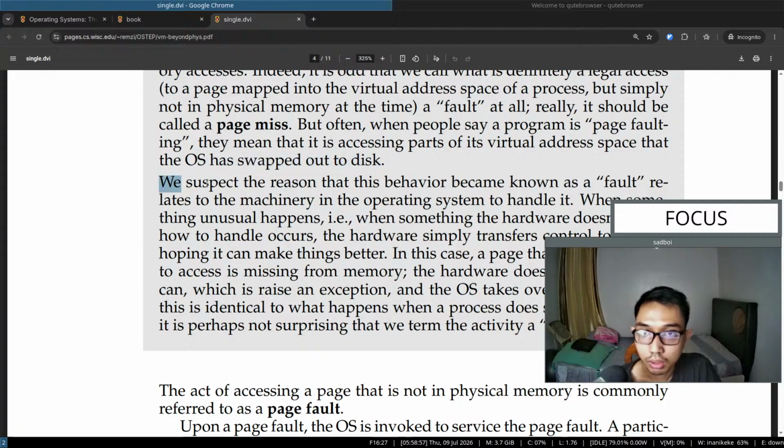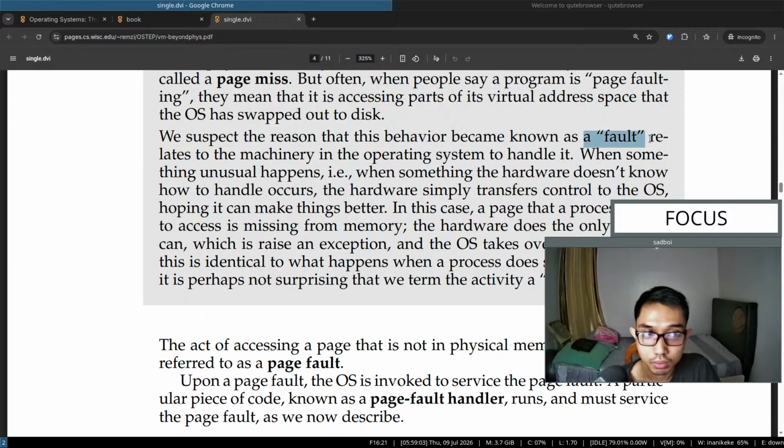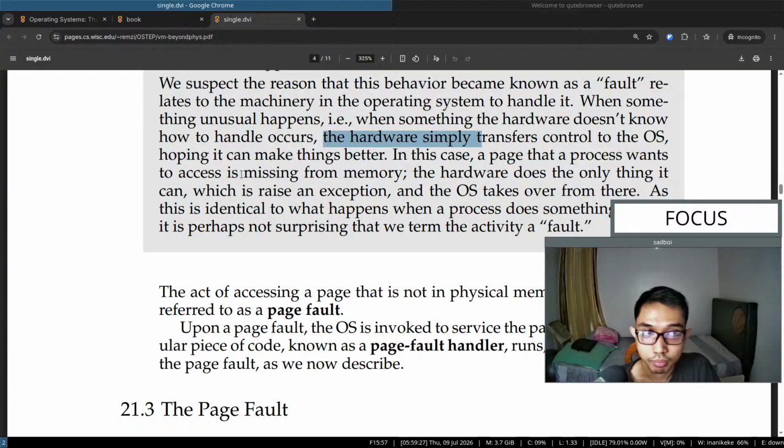Okay, we suspect the reason that this behavior became known as a fault relates to the machinery in the operating system to handle it. When something unusual happens, that is, when something the hardware doesn't know how to handle occurs, the hardware simply transfers control to the operating system, hoping it can make things better. In this case, a page that a process wants to access is missing from memory.